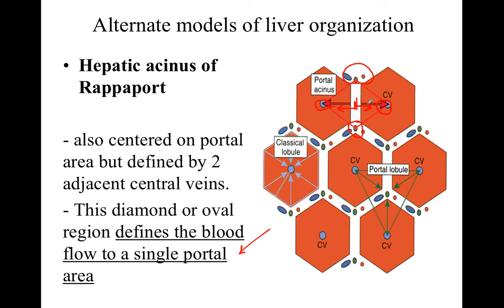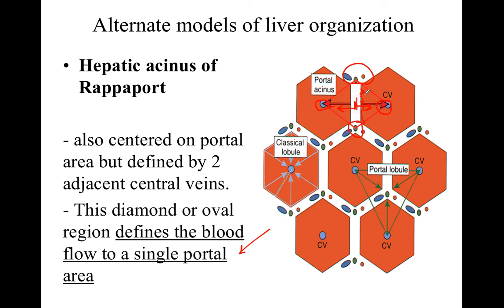For example, if an animal or human ate some toxic materials, this area around the portal area, where we have the portal vein coming from the small intestine, will be the first area exposed to toxin.